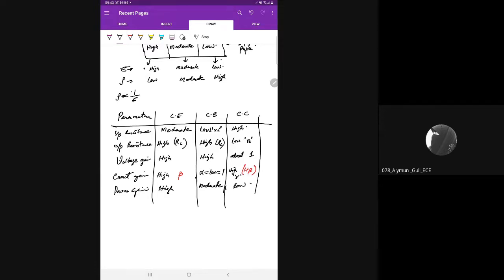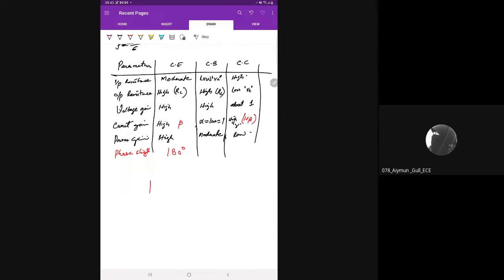Now the most important parameter is phase shift between input and output. In common emitter configuration, the phase shift between input and output is 180 degrees.